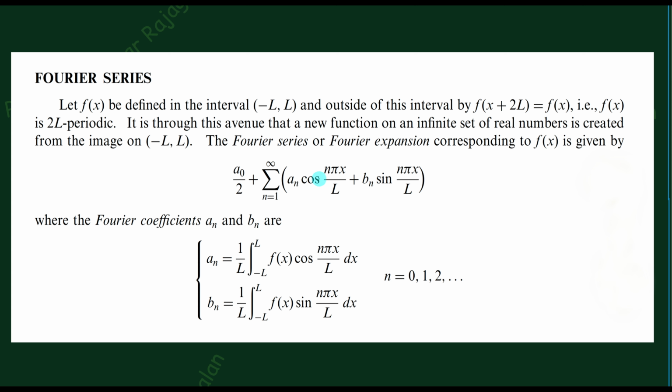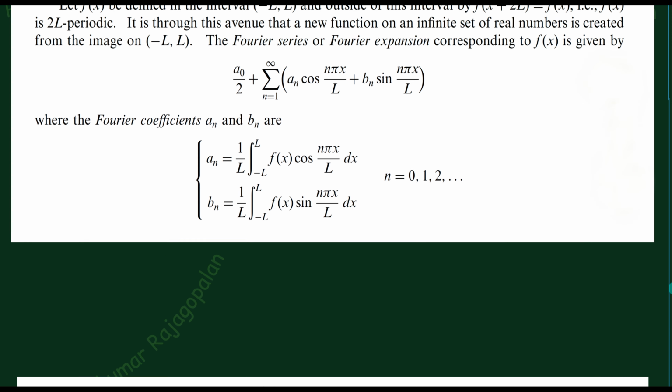What is cos 0? Cos 0 is 1, right? So 1, all these sine functions, that means sine x, sine 2x, etc., then all cos functions, cos x, cos 2x, etc. That set of all functions is a complete set, forming an orthogonal set. Why do you want to use the word orthogonal? It is because of the orthogonality property. Because of that property only, you have these two formulas for the Fourier coefficients.